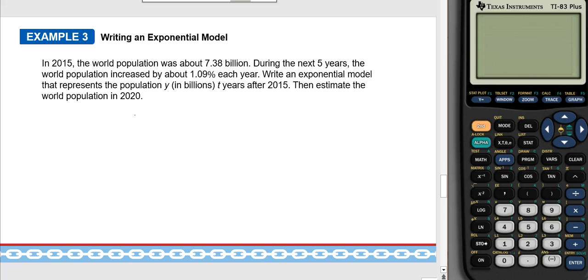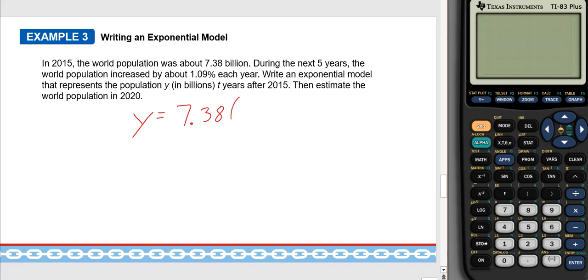So our equation would look like this. We'd have Y equals, and then for these exponential models, you always start with your initial value. So 7.38, that's in billions. We're not going to write out all the zeros. We're just going to keep in mind as we work this that is in billions of people.